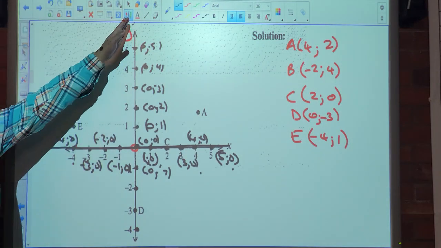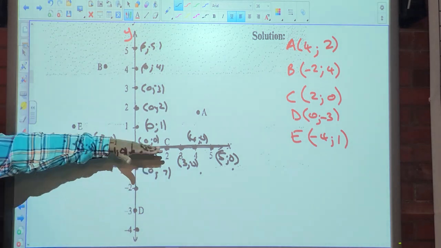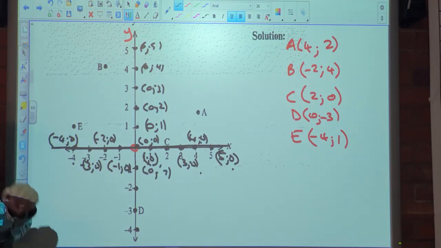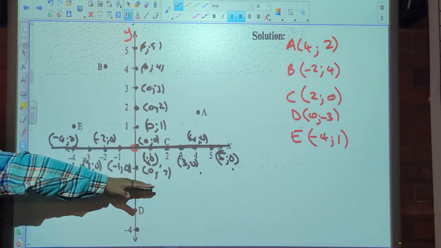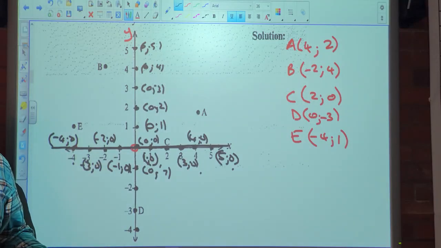So what do you notice anywhere on your y-axis? X is 0. Anywhere on your x-axis? Y is 0. That's why when we worked out our dual intercept method, what do we say? On your x-axis, let y equal 0, and for your y-axis, let x equal 0. This is the reason why.